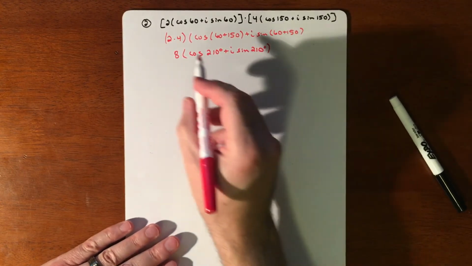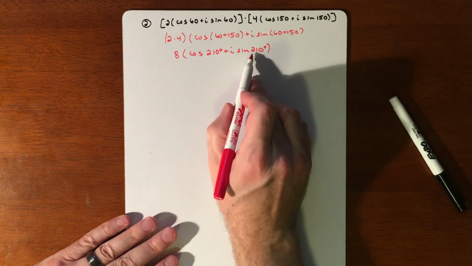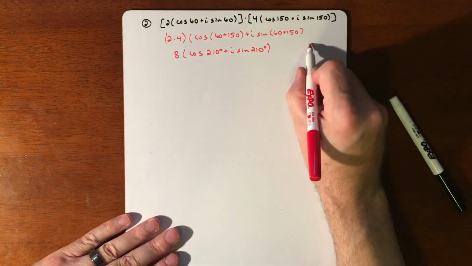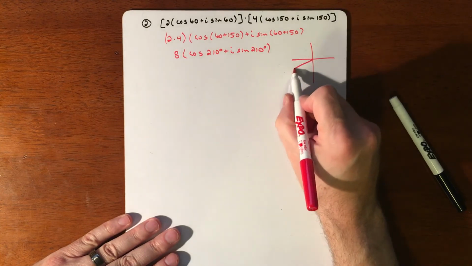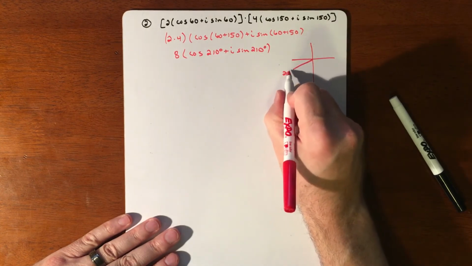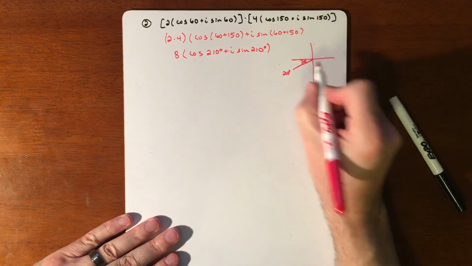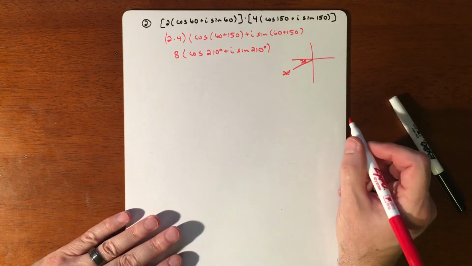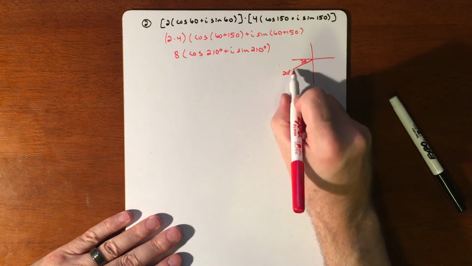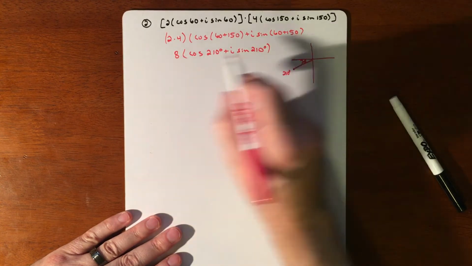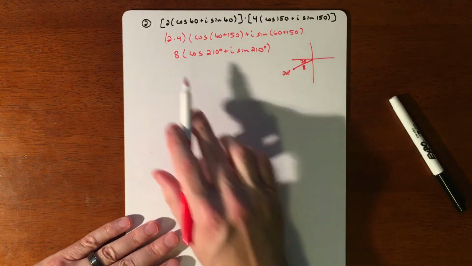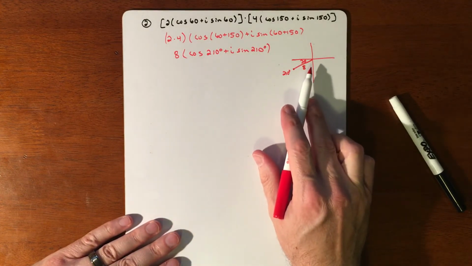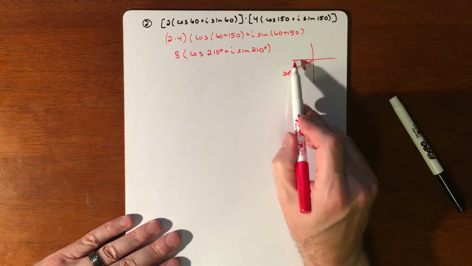So to turn this into rectangular, we need to evaluate these two. So let me just draw myself a visual. 210 is going to be 30 degrees past, so we're looking at a reference angle of 30. And the radius is 8. So when you're in polar, you're talking angles and a radius, whereas when we're turning it into rectangular, we're looking at x's and y's.